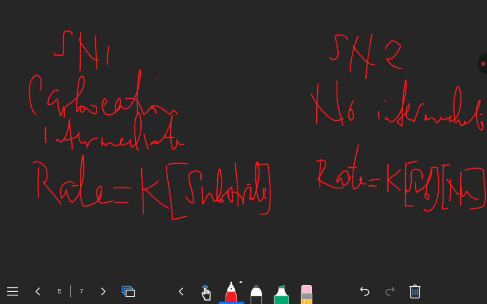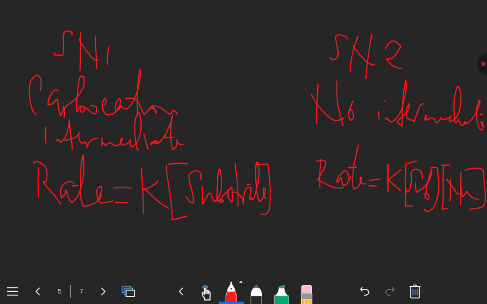So what does this suggest? This suggests that in the SN1 reaction, the concentration of the nucleophile does not affect the rate of reaction. In SN1, the rate is just the constant multiplied by the concentration of the substrate, while in SN2 it is the constant multiplied by the concentration of the substrate multiplied by the concentration of the nucleophile. So the concentration of the nucleophile only affects the SN2 reaction. It does not affect the SN1 reaction.